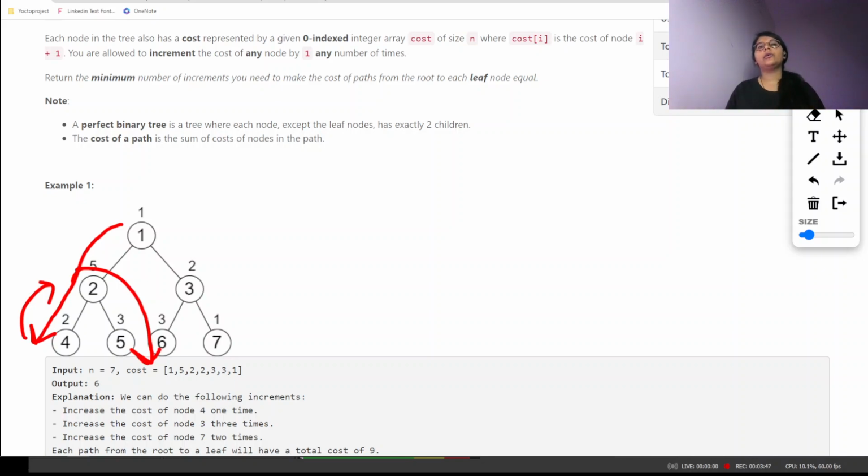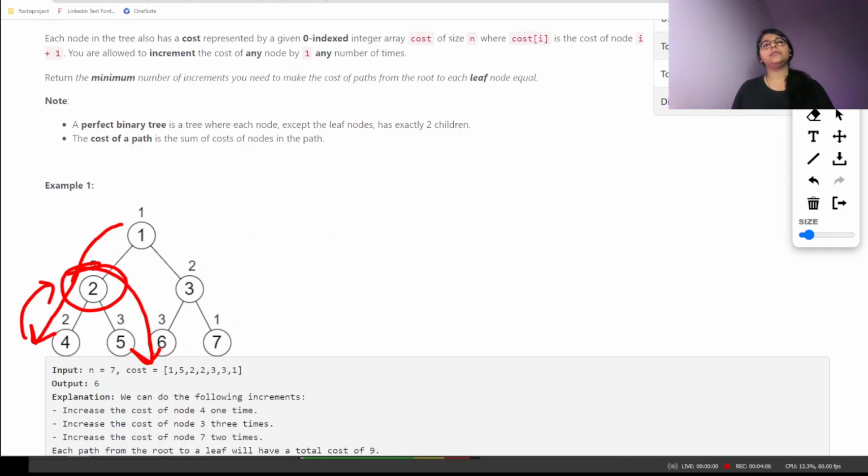So now what we are required to do is get the absolute difference of the left and the right side and add it to whatever cost we were having till now for the root. So this is what we will be doing.